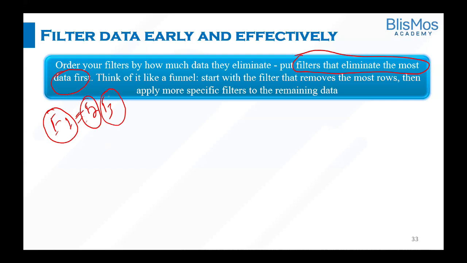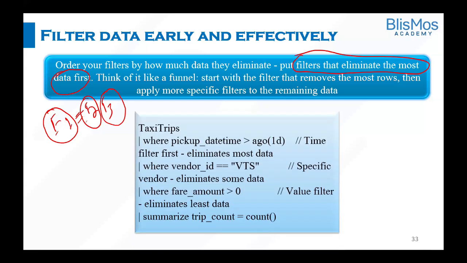That way, instead of unnecessarily scanning and filtering more rows at a later point, you are saving a lot of time. So basically, think of it like a funnel. Start with the filter that removes the most rows, then apply more specific filters to the remaining data. That way you save a lot of time.